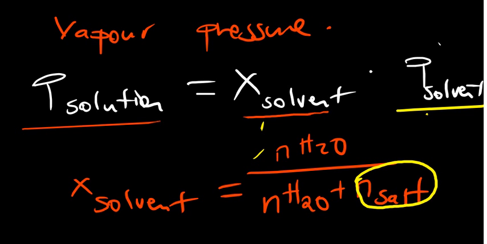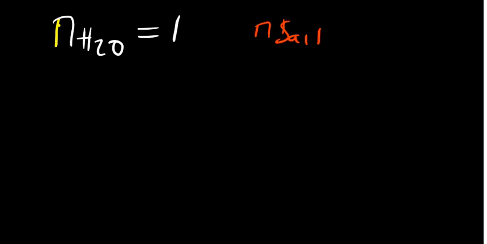So understand this. Let's have a practical approach. Let's say the number of moles of water is 1. Then you have the number of moles of the salt under study, let's say it's 2.